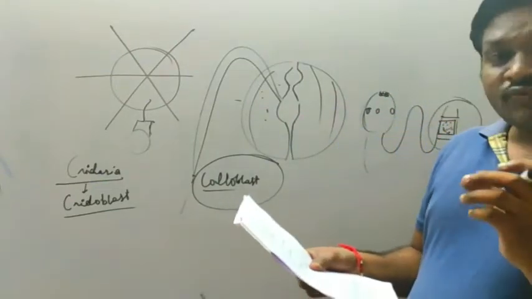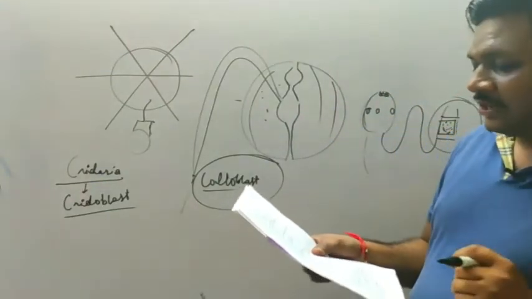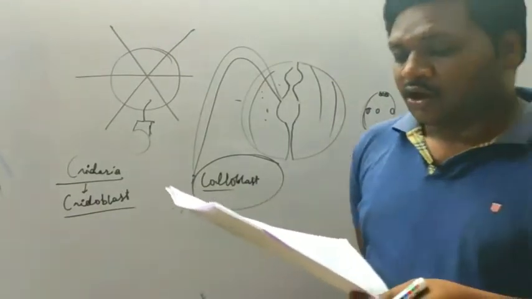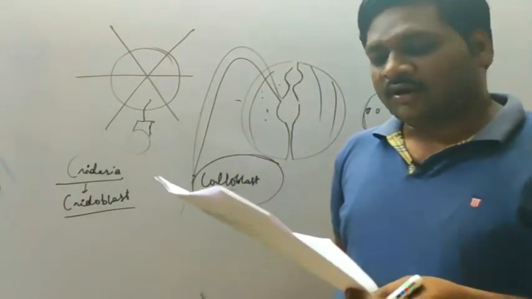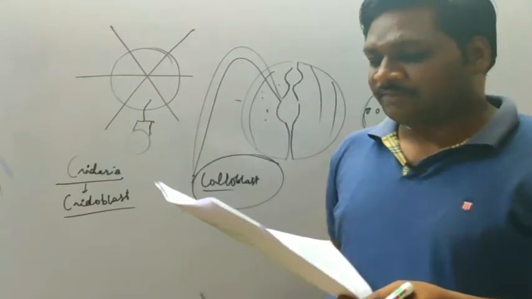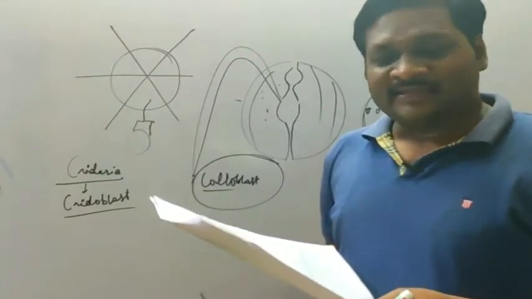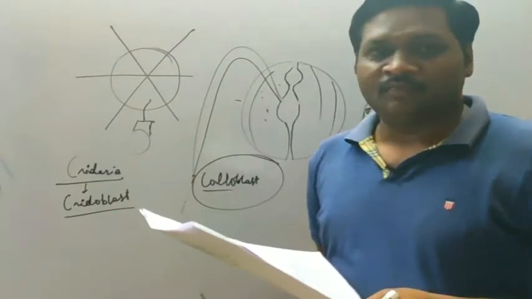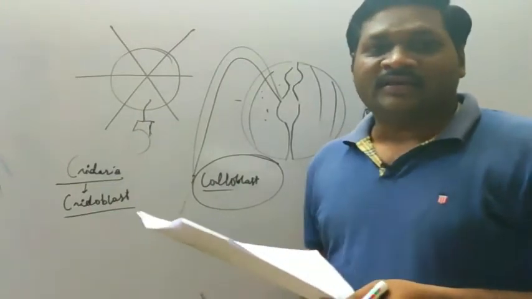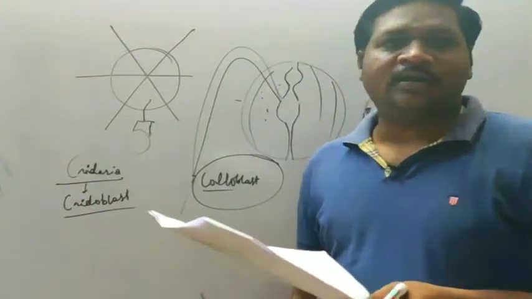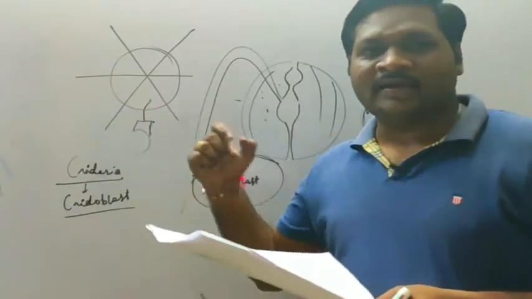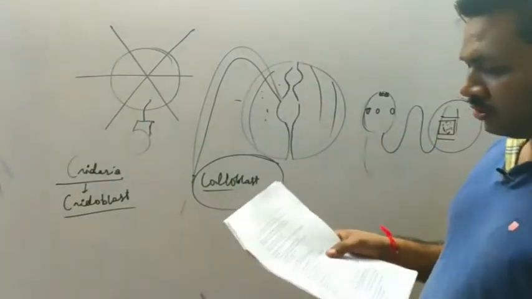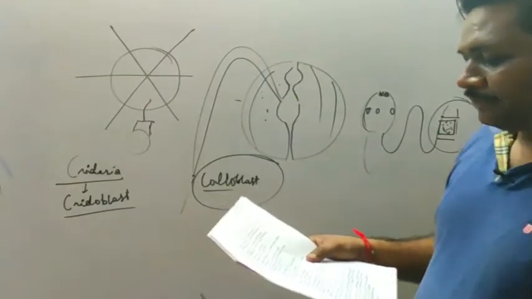So we have to consider which one is not a characteristic feature of Aschelminthes. Except option C, all are characteristic features of phylum Aschelminthes. They don't have an incomplete alimentary canal. As I told you, in the case of Ascaris, which is an Aschelminth, it consists of a mouth and anus, right? So this option is the incorrect one.